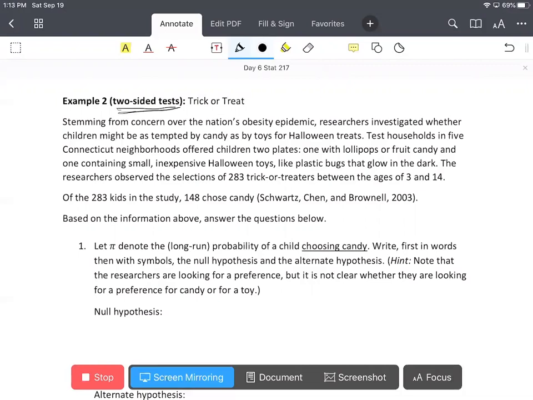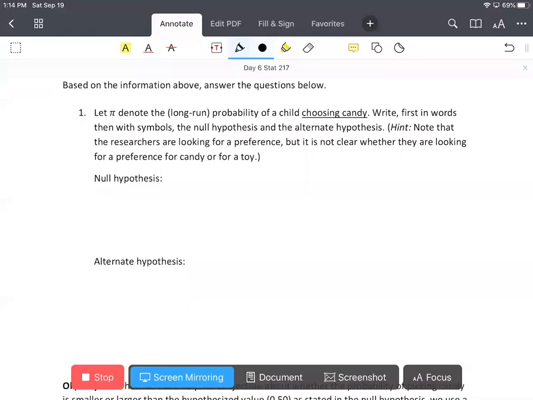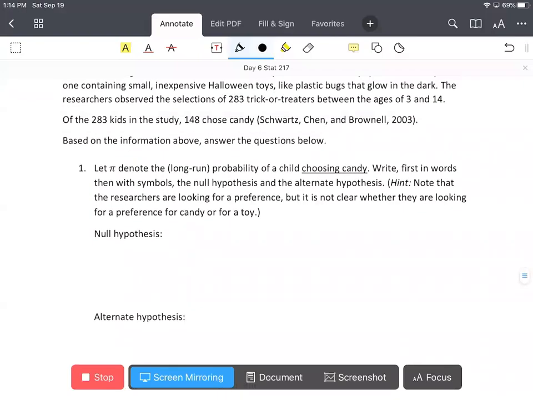So let's go and look at the null hypothesis and get that set up. The first question says, let pi denote the long-run probability of a child choosing candy. And we happen to have the numbers for candy. Could we have choosing toy instead? Sure, we would just have to do the 283 minus the 148, and that would tell you the number of children who chose the toy. First of all, we want to write in words, then with symbols, the null hypothesis and the alternate hypothesis.